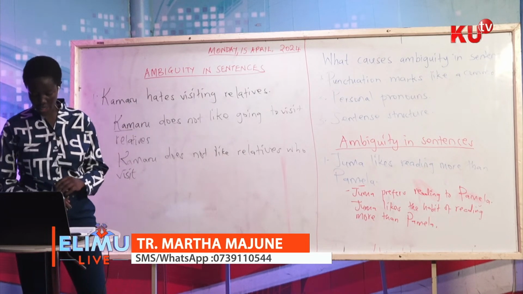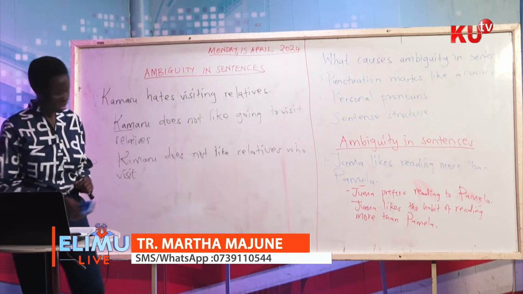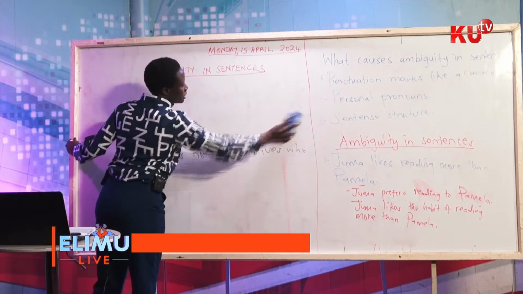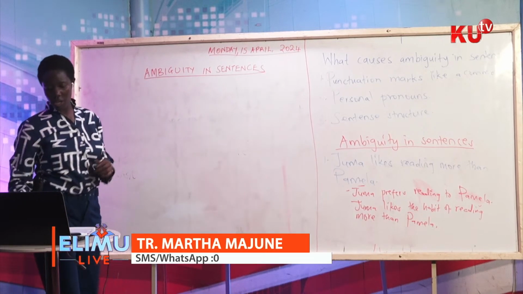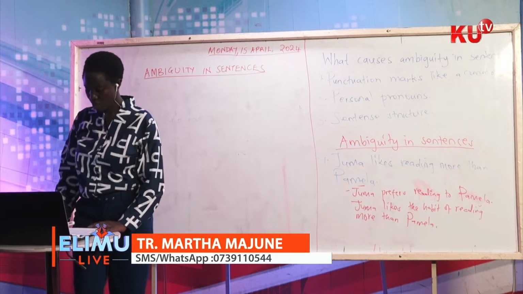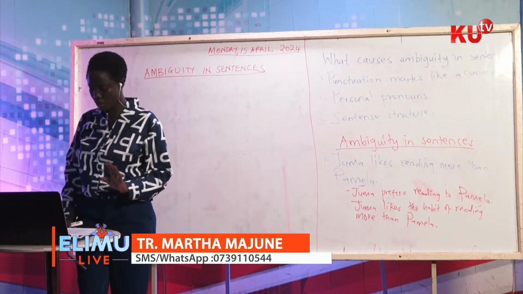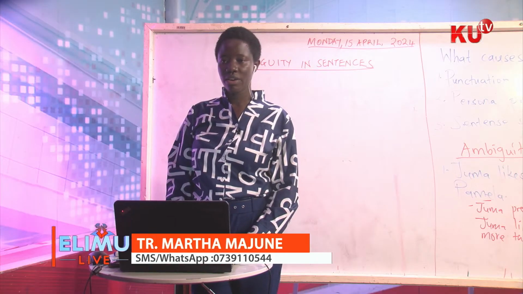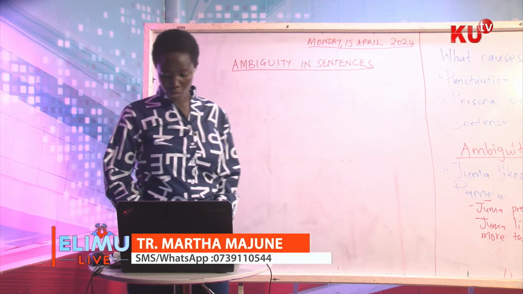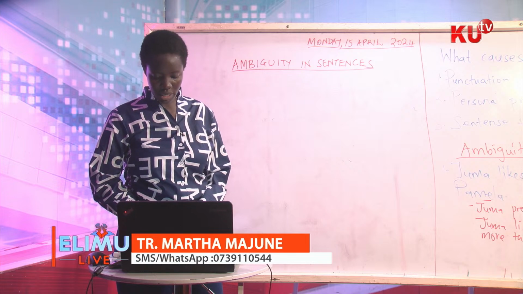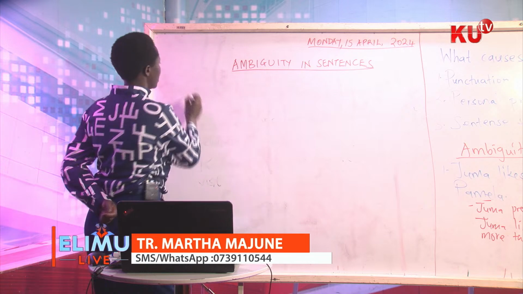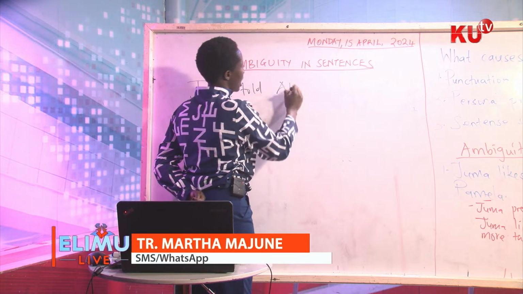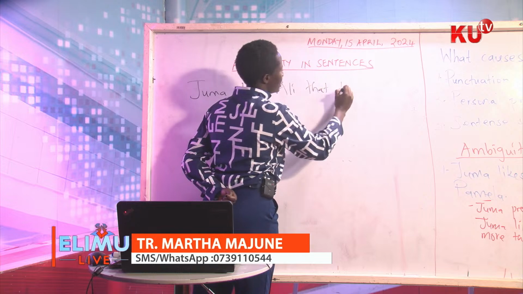Okay, in 2019 there were also questions on ambiguity. The first question was: rewrite the following to remove ambiguity.